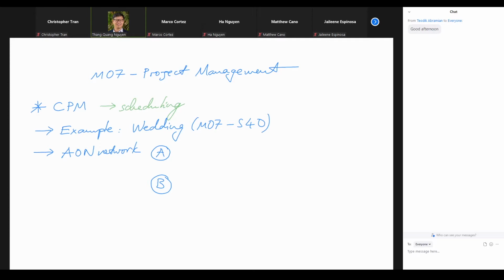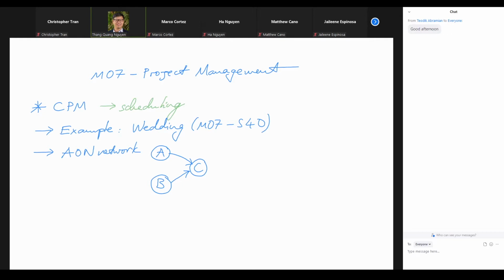So there is one arrow going from A, one arrow going from B to C, right? We need to know both the date and the location to print on the cards, to send them out, right? So there are two requirements before C. Both A and B need to be done before we do C, right?